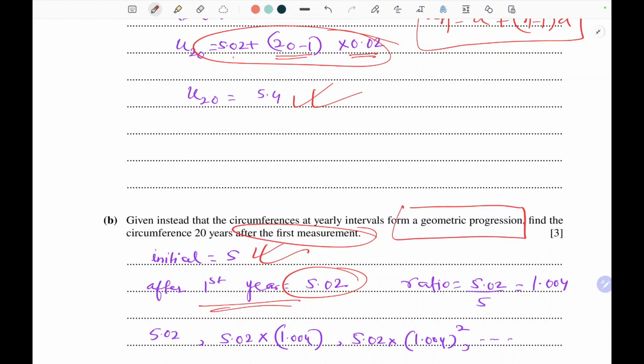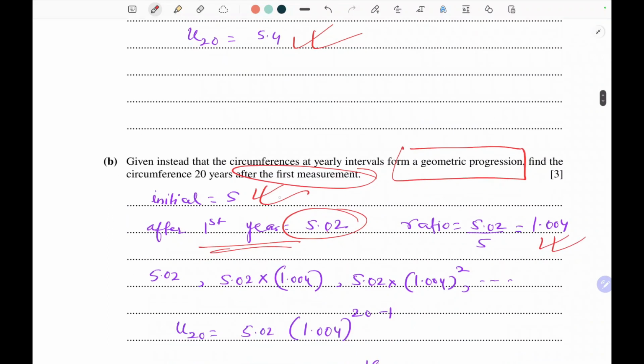So we first find the common ratio, which is 5.02 over 5, which is 1.004. Now after the first measurement, the first value is 5.02. You know the sequence A, then AR, then AR square, AR cube, and goes on. So A is 5.02, AR is 5.02 times 1.004, and it goes on.